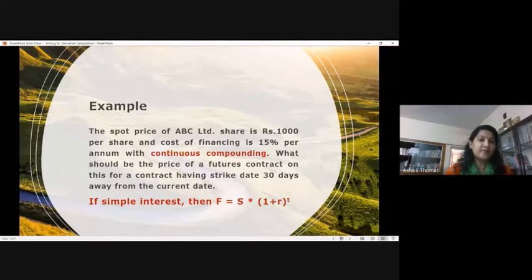Now what you have to remember is one term called continuous compounding. If it was not the case, if you go with the simple compounding, it would have been easy for you to go with. You could have easily done using F is equal to spot into 1 plus R raised to T. But generally, when we are talking about financial derivatives in a market where continuous transactions and trading are happening, we expect to have continuous compounding.